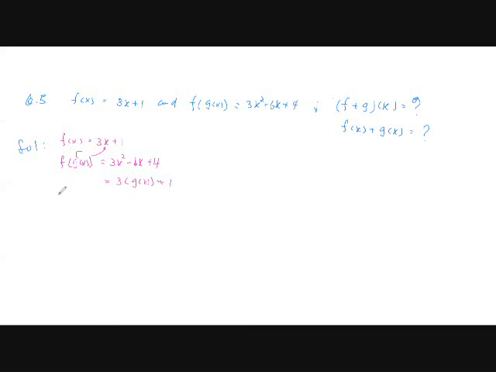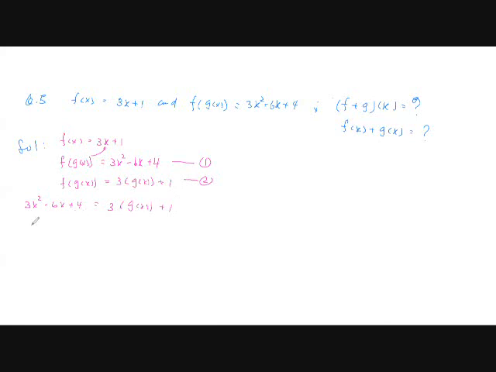This is f of g of x also. Now we have equation 1 equal to equation 2. So we write 3x squared minus 6x plus 4 equals 3g of x plus 1.